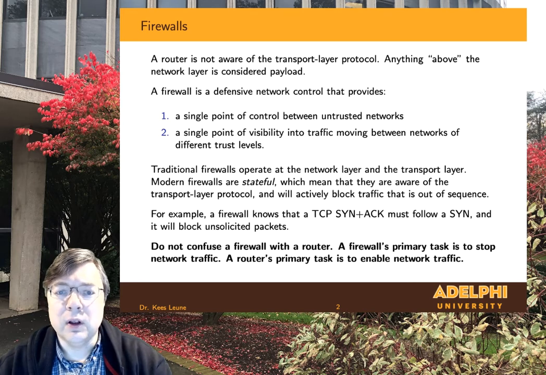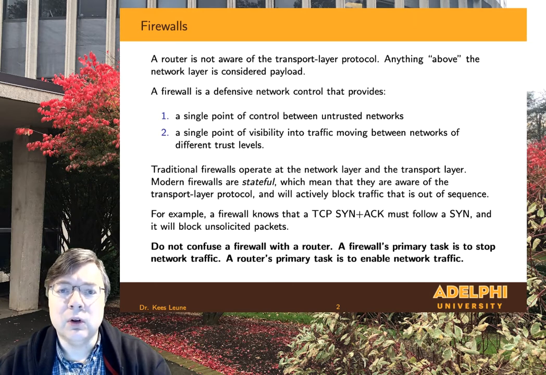So first off, it's important to realize that the firewall has two roles, not just one. Yes, the role of the firewall is to block unwanted traffic and to let wanted traffic through, and as such it functions as a single point of control between untrusted networks, or at least networks of different trust levels.